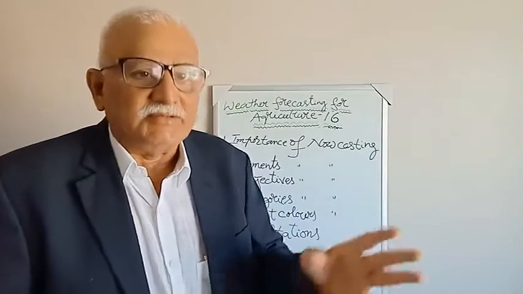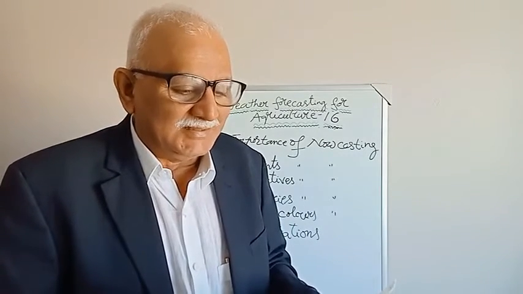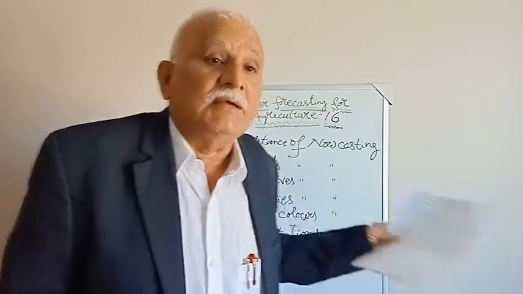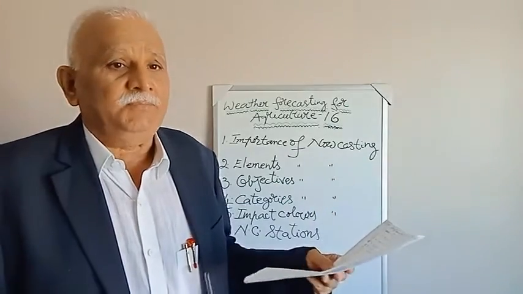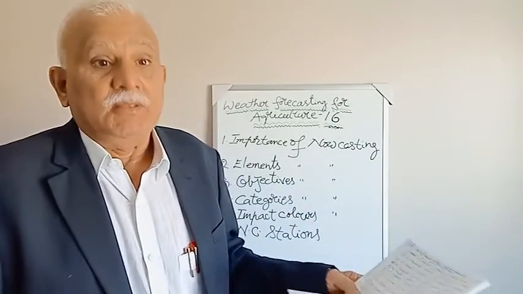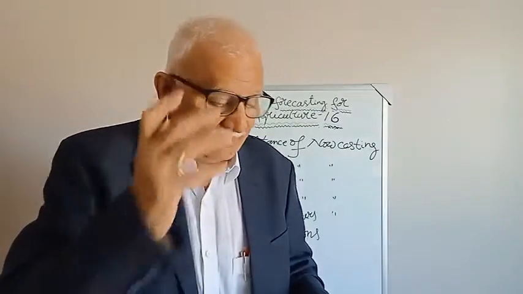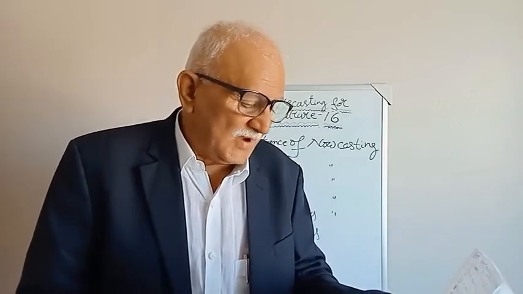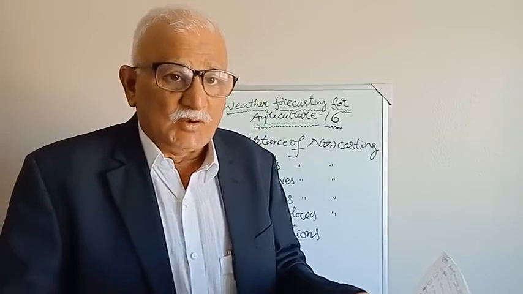Now, a very interesting thing I would like to share with you is the list of nowcast stations in India. In India, nowcasting is a wonderful system, a wonderful mechanism to protect the properties of the farmers. In 25 stations, nowcasting is done.